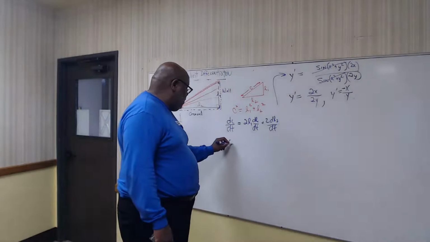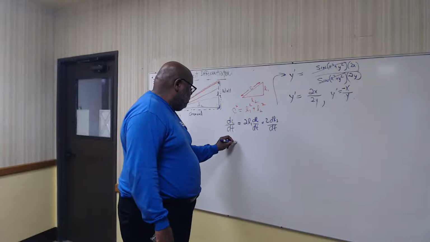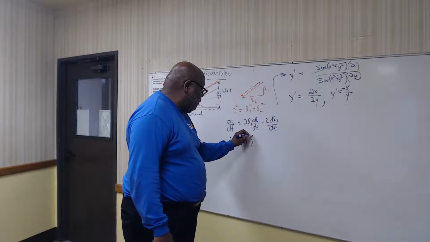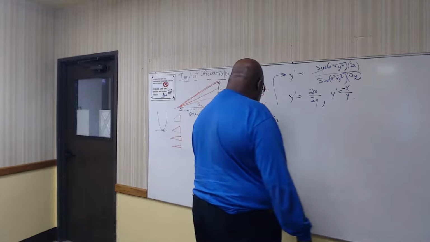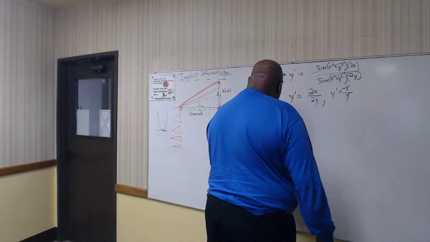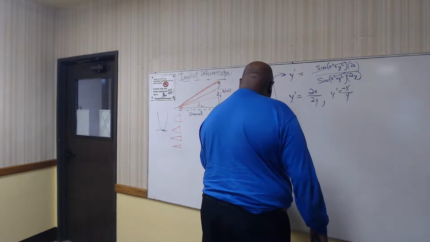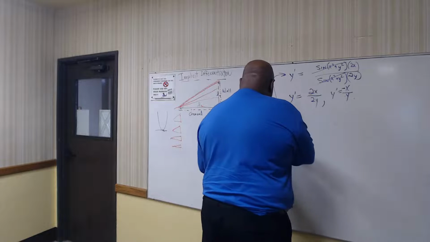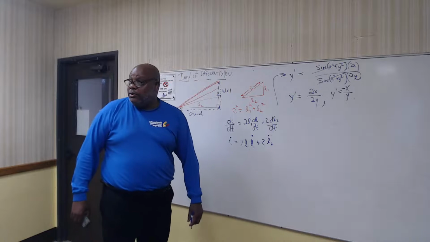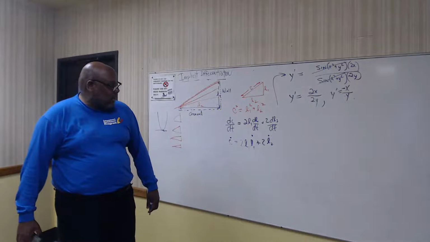So we could say C dot is equal to 2L1 L1 dot plus 2L2 L2 dot. So notice the dots on each one meaning dL1/dt, dL2/dt, and dC/dt.